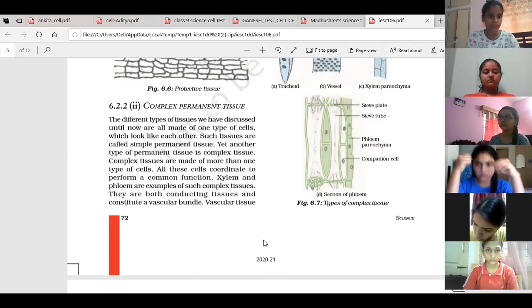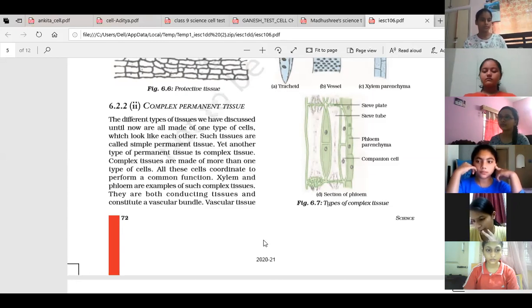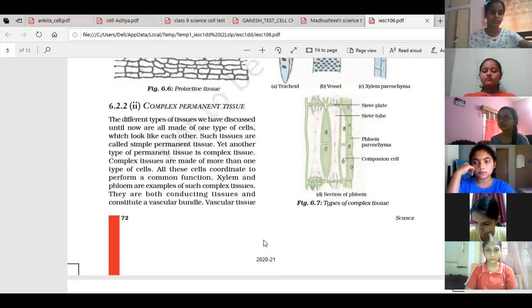Second one will start collecting the material. Third one will start doing the work properly. One is cutting the cardboard, another one is sticking the cardboard, third one is painting it. Everyone is doing the same function, that is creating a model, but you have divided the work.